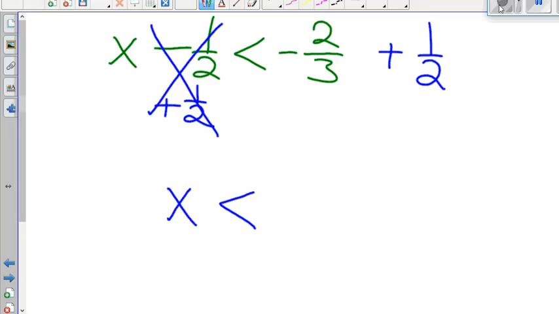And then I have to add these two fractions together, negative 2/3 and positive 1/2. Now to add them together, I need a common denominator. 3 and 2 is not common, but I know that 6 is. So 2 times 3 equals 6.